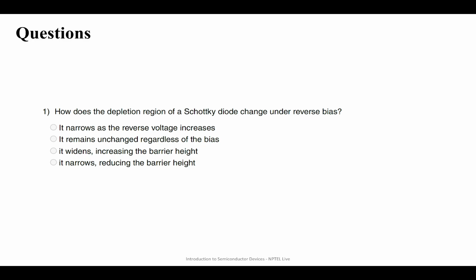If you make your channel region, your electron transfer region, thinner than your collision length of the electrons, then you achieve something known as ballistic transport, where electrons move without colliding with each other.